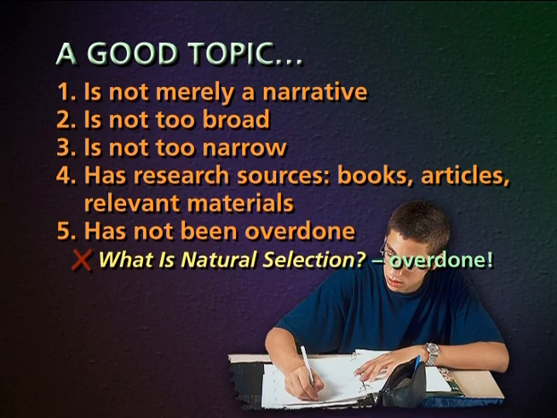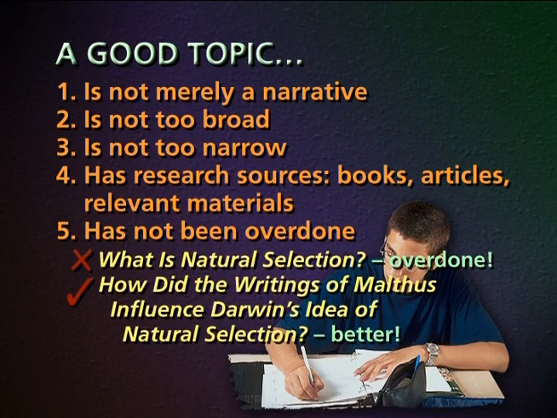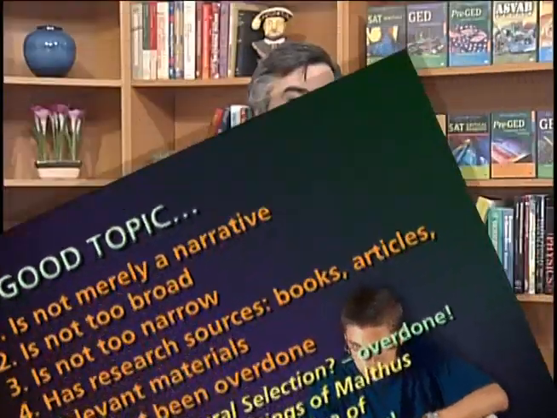A better topic might be something like How did the writings of Malthus influence Darwin's idea of natural selection? Malthus was an economist and philosopher who is sometimes said to have influenced Darwin because his writings about how overpopulation led to the death of groups within a population influenced Darwin's thinking about natural selection and helped him come up with this aspect of the theory of evolution.